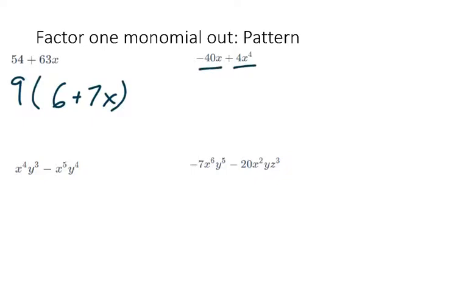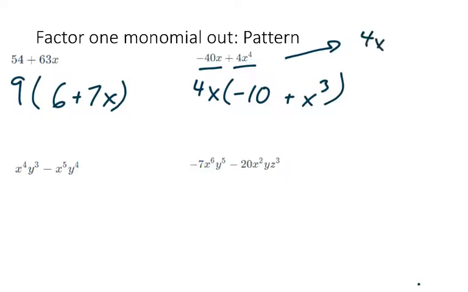Well, a 4 is common and an x is common. So I can pull a 4x out, and then I'm going to have a negative 10 left over plus x to the third. Now, I might have wanted to rewrite that differently, so I might have wanted to rewrite it first. Maybe that would have helped me, but either way, I end up with the same thing basically.